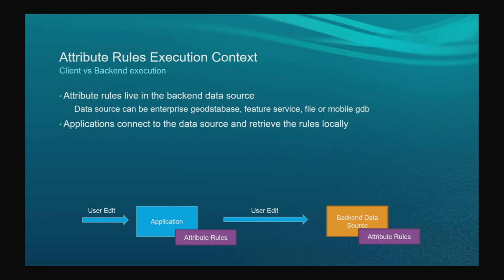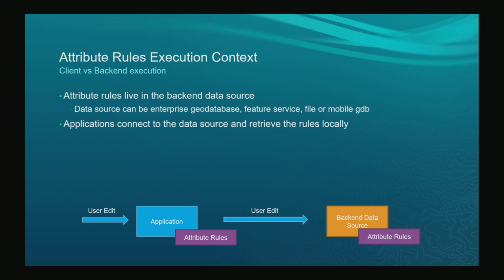Another example without a service: even if you have an application with a file GDB, say Pro, if you open the attribute pane and you start editing, but you didn't hit apply, the attribute rules still execute in the Pro editor pane, even though you didn't hit apply, which didn't send the cursor edit to the file GDB.